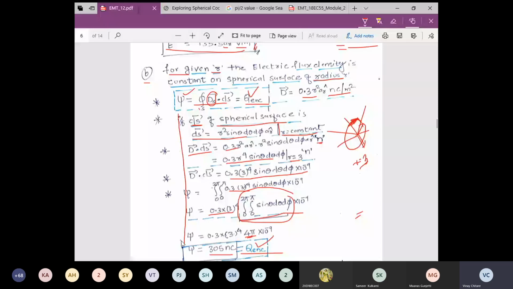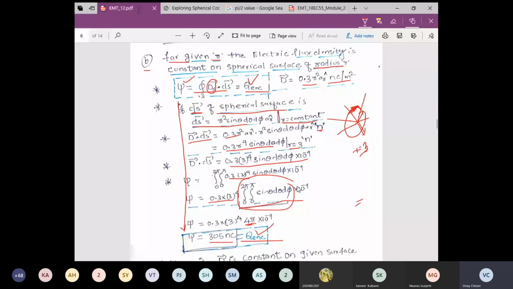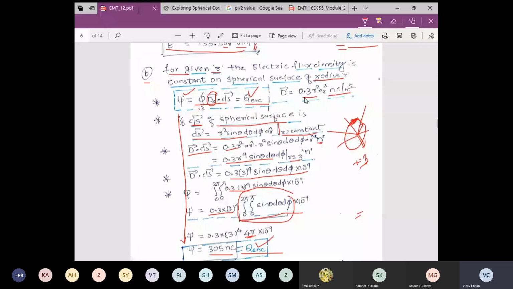If the flux density is constant on that surface, and we observe that for the given problem the flux density is constant on the spherical surface, because for r equal to 3 it is 0.3 into 3 square aR hat nanocoulomb per meter square. It means that the flux density is constant on the spherical surface.